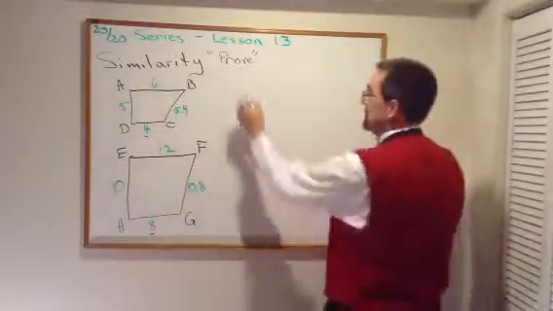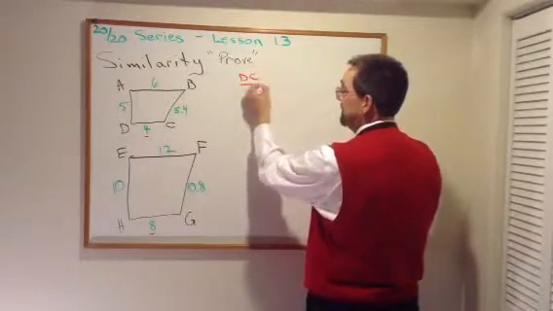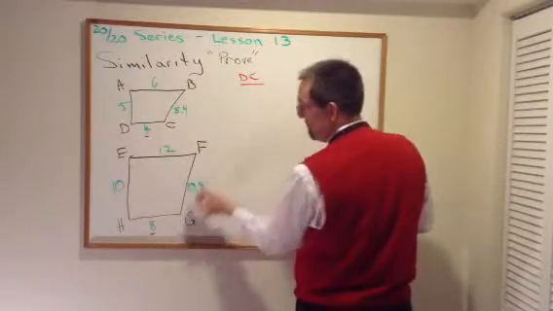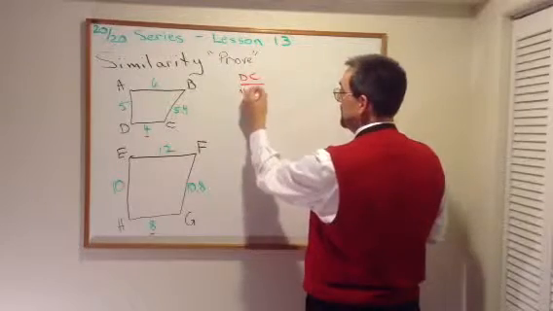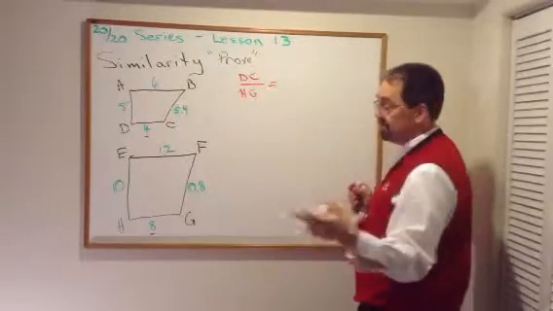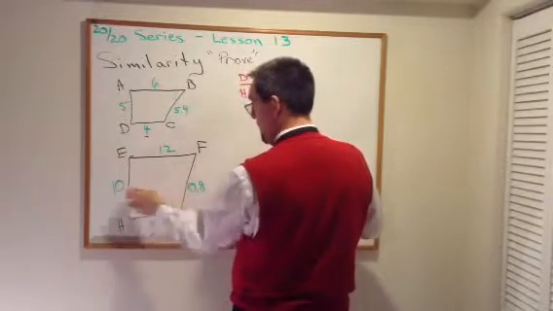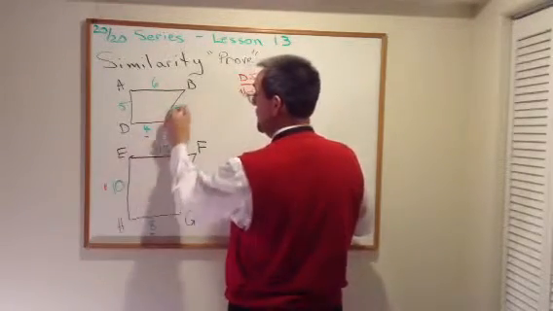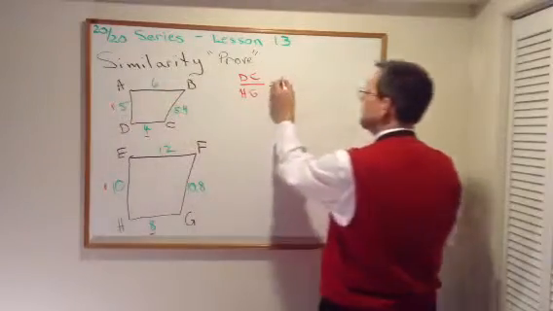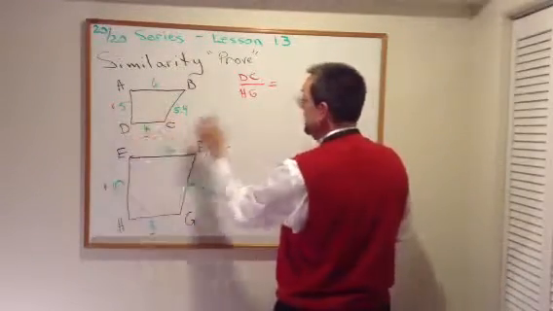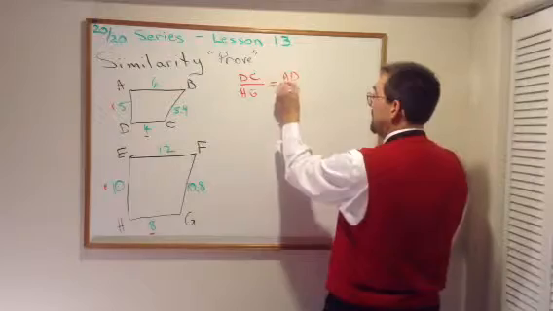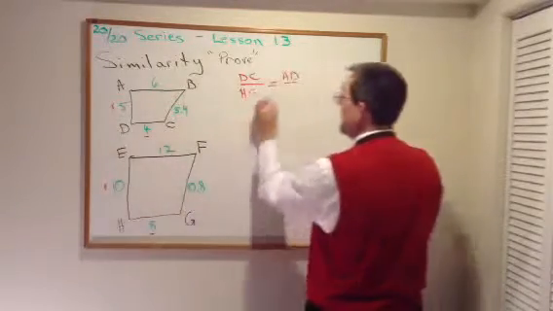4 and 8. So we'll write DC and its corresponding part HG is supposed to be equal to, let's go to the next longest one. Yep, the 10 and the 5. So it'll be AD over EH.